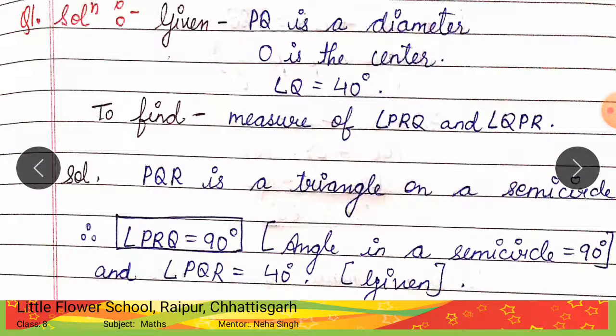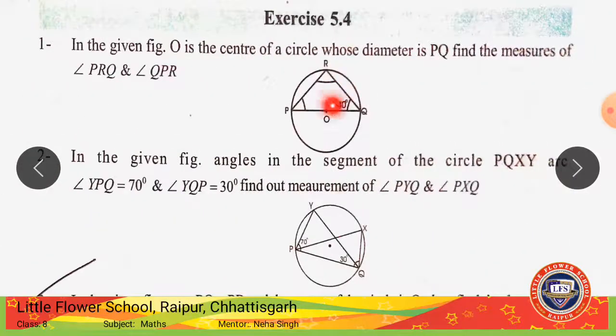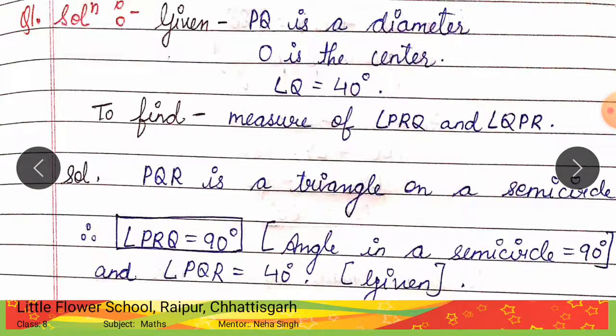So we know angle Q, and we got angle R. Now since we know these two angles, can we find the value of angle P? What will we use? Angle sum property. Here you will write why it is 90 degree: angle in a semicircle is 90 degree.